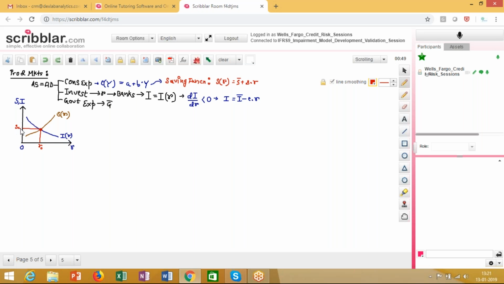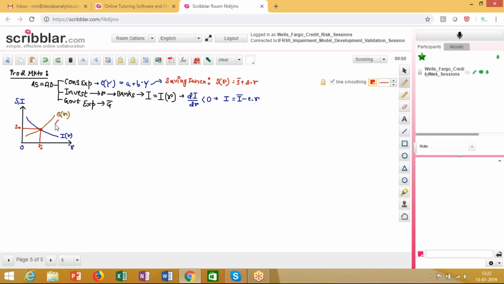Now, let's say that the savings in an economy increases. Why is the savings of an economy increasing? The savings of an economy is increasing because the rate of interest in the economy has increased. So this is where the increased graph comes out.